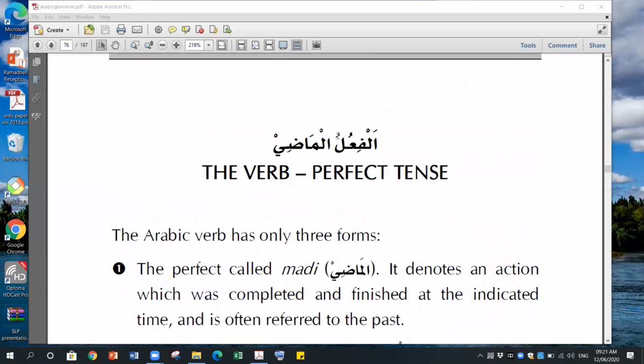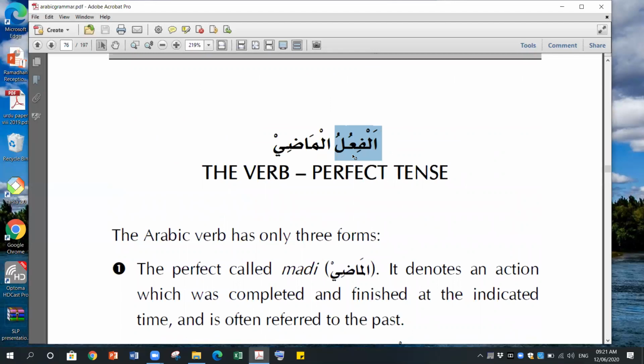So we will use this word as a pattern, as a sample, and we will apply different words on its scale. Now, fi'l has three root letters. Nashmi, what are those? Fa, ain, and lam.